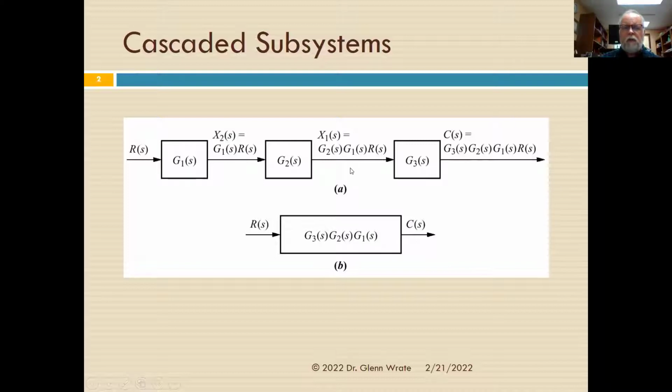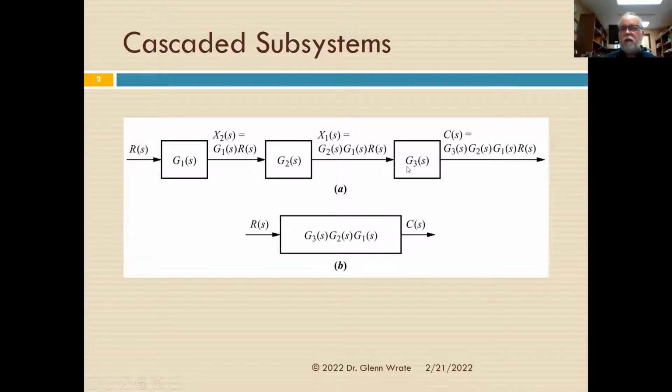And we can look internal to the system. We can call this variable x1, and it's going to be R times G1 and G2. And we could call this x2, and it would be, again, G1 times R. So basically what we're looking at is just those three transfer functions multiplied together.